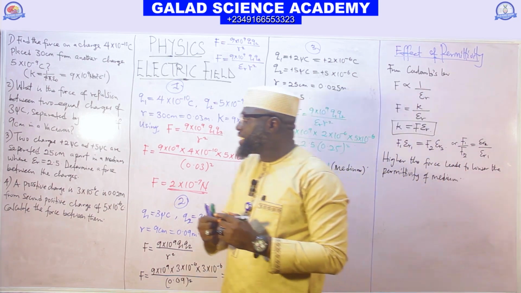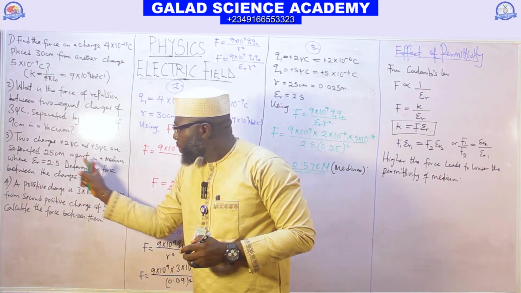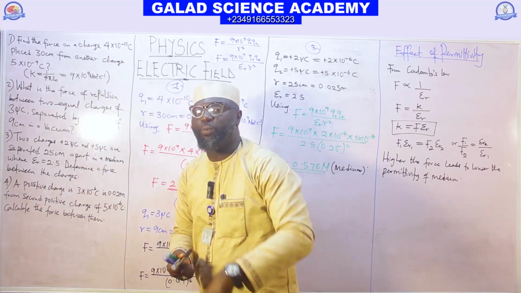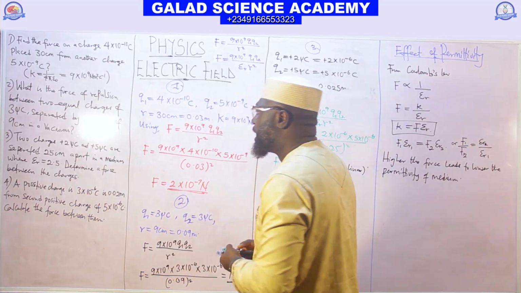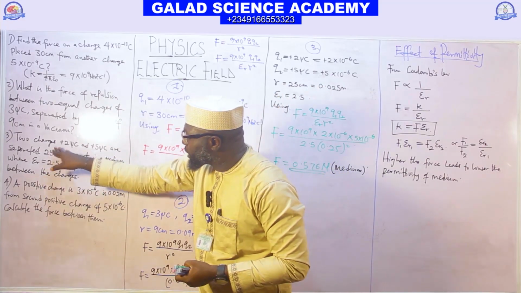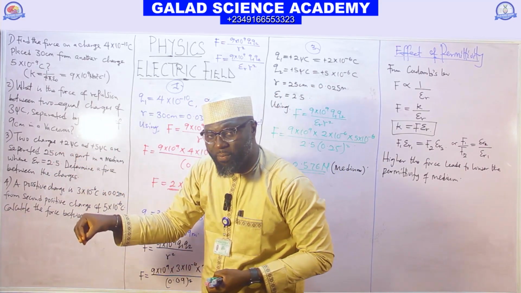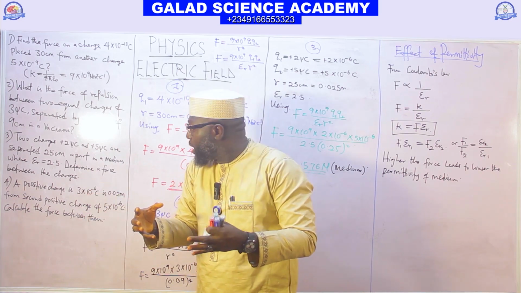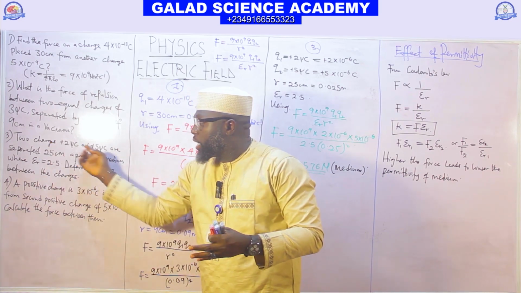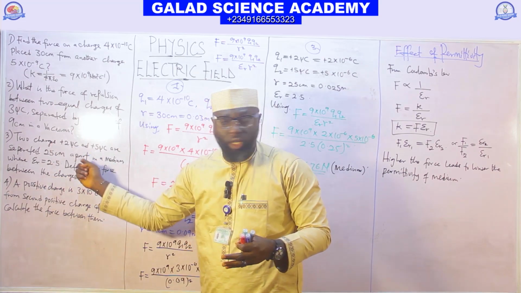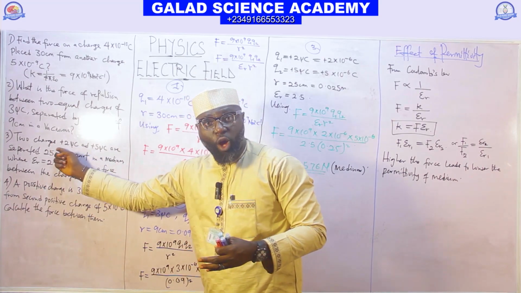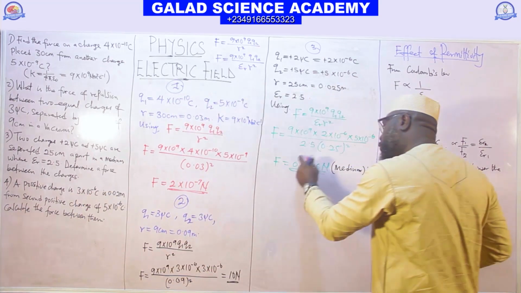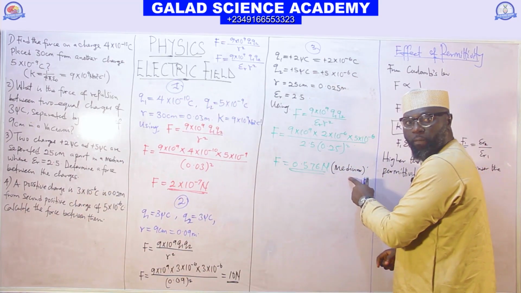Assume this same question, these two charges are placed in free space. Let us solve it. If you solve for the force when these two charges are placed in free space, the force of repulsion will be far greater than the force that we have in the medium.